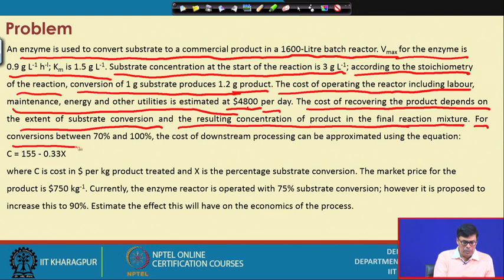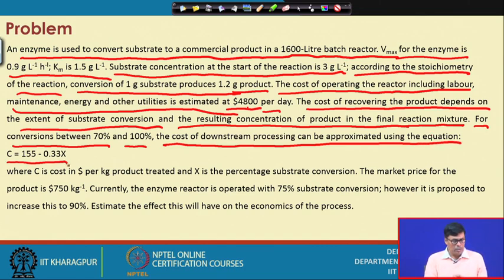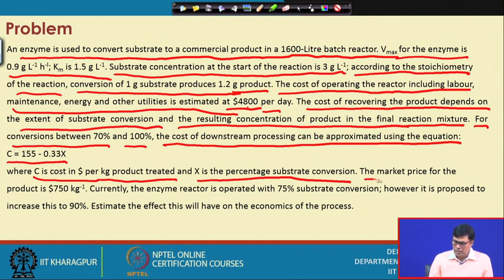For conversion between 70 to 100%, the cost of downstream processing can be approximated by this equation, where C is the cost in dollar per kg of product treated and X is the percentage of substrate conversion. The market price of the product is $750 per kg.